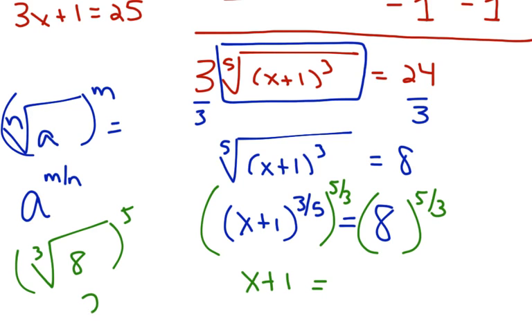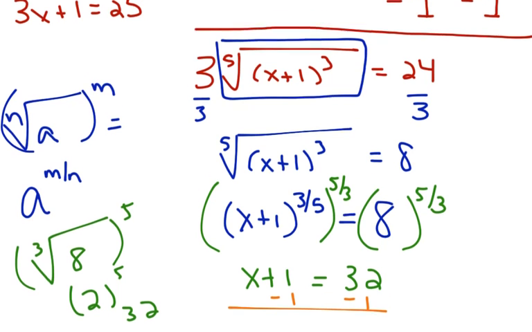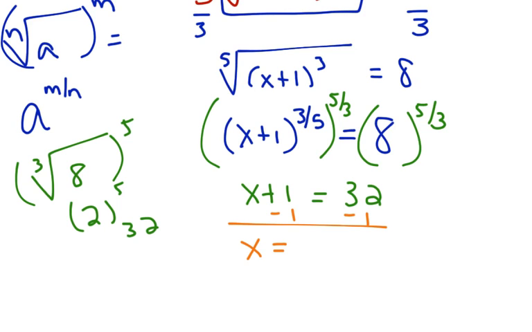The cube root of 8 is 2, and 2 to the 5th is 32. And then you're down to a general algebraic equation, which you can solve by simply subtracting 1. And you find out that x is equal to 31.